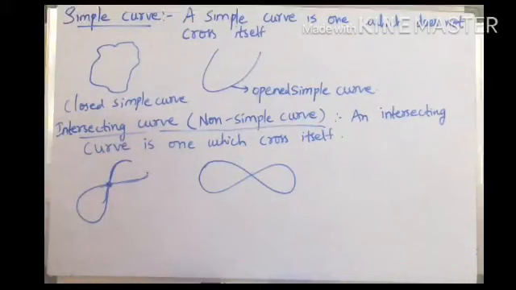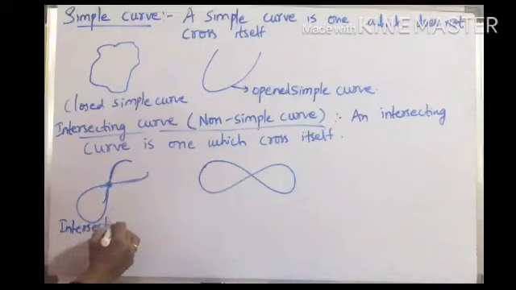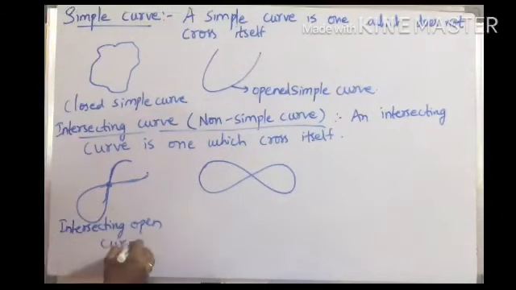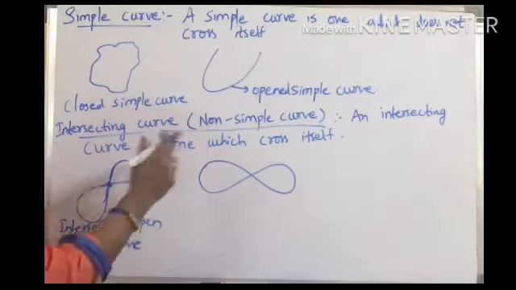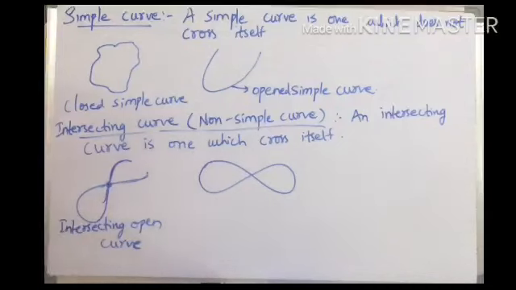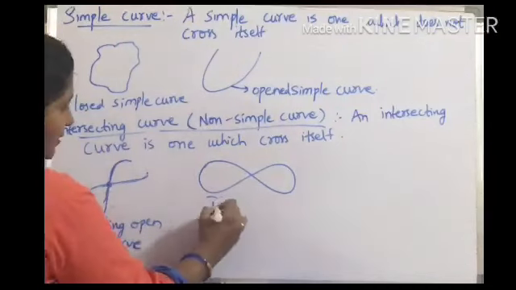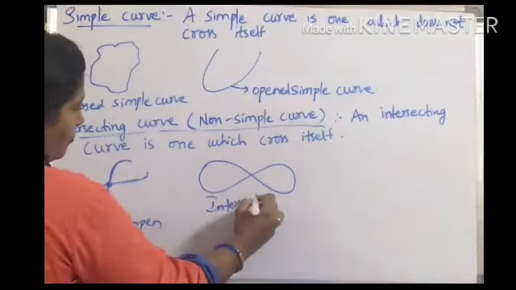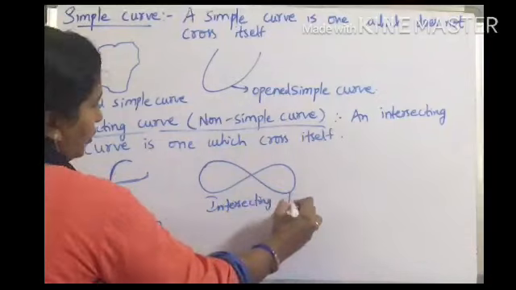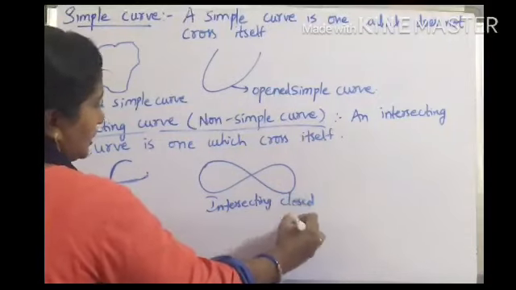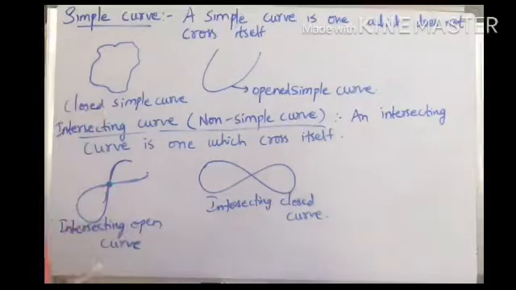And if you see the first figure, what is this? It is an intersecting open curve, or we can say it is a non-simple open curve. And this is intersecting, is it closed or not? Yes, a closed curve. So here this is an intersecting closed curve.